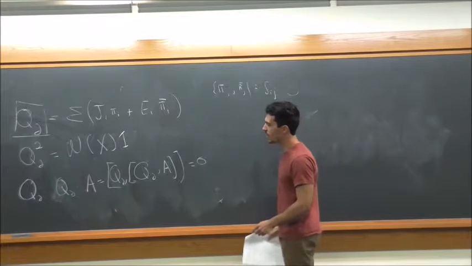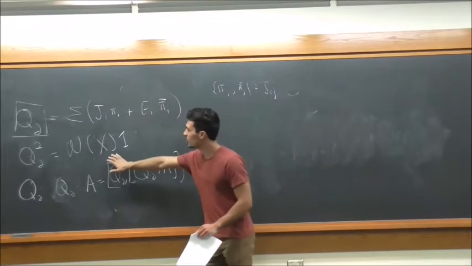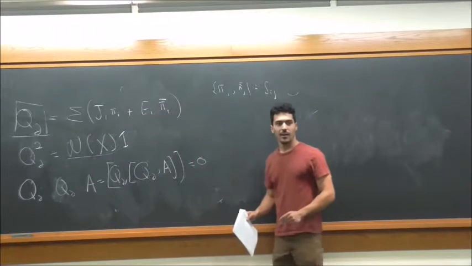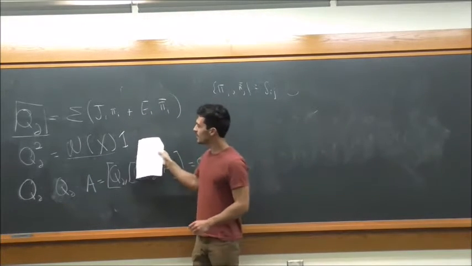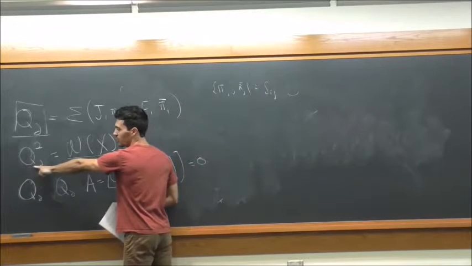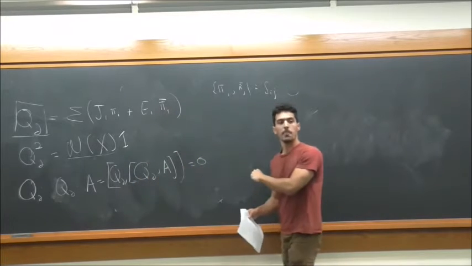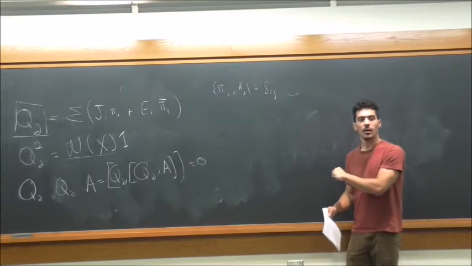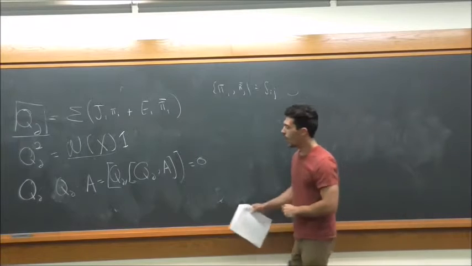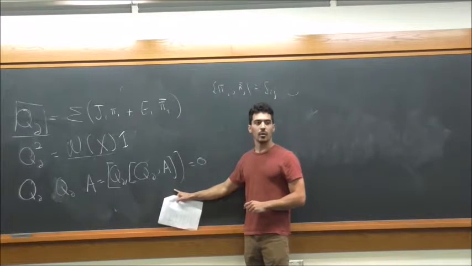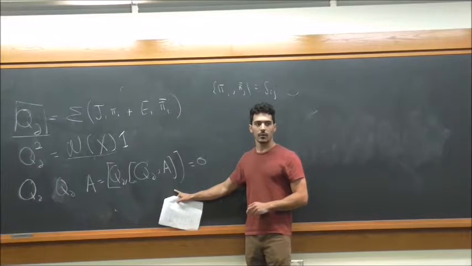No. This is exactly just the superpotential. This is the identity on the space of operators with a coefficient, which is this polynomial. But don't you need the polynomial to vanish? Are you saying it commutes with everything? Yeah, W is just a scalar. If you use Jacobi, then the commutator vanishes. Okay. Yeah, that's right.